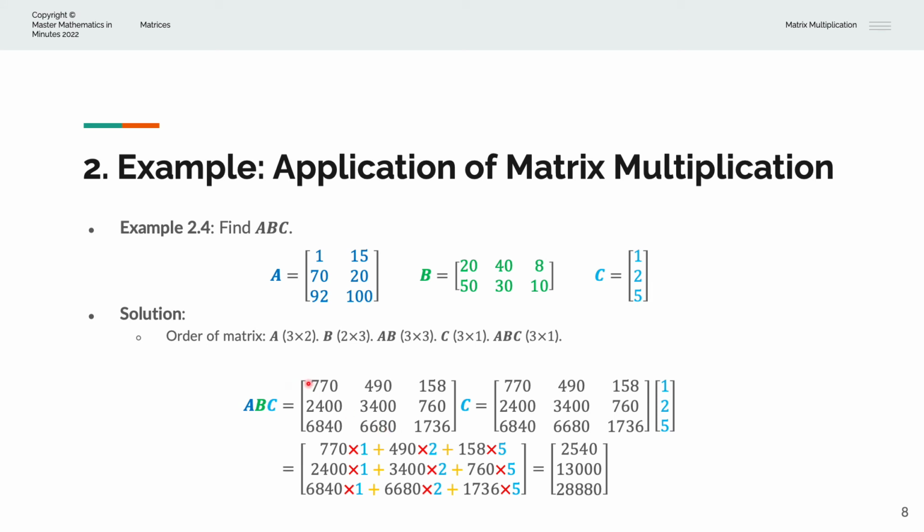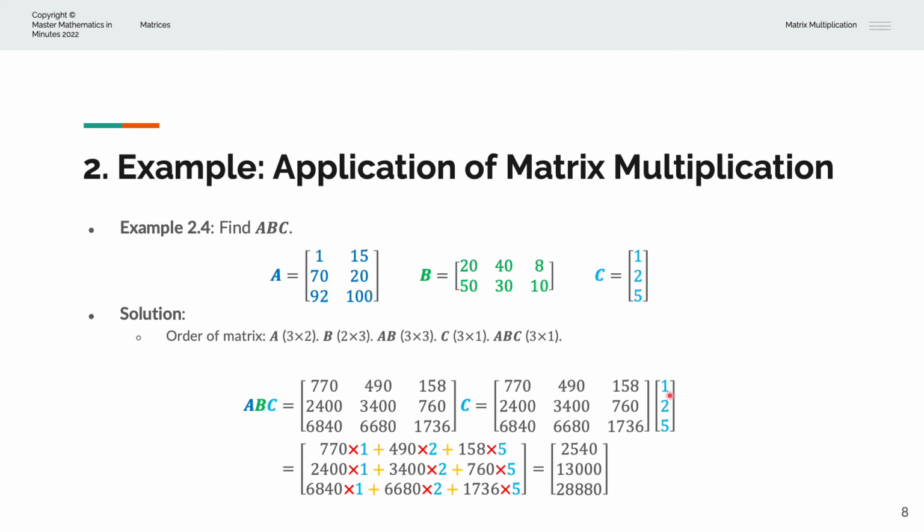So what we've done is we've copied matrix AB from the previous example, and we'll multiply that by C. Bringing C in here, we have 1, 2, and 5 as the entries of matrix C. Once again, you apply the same method. You multiply the rows by the column and sum these.